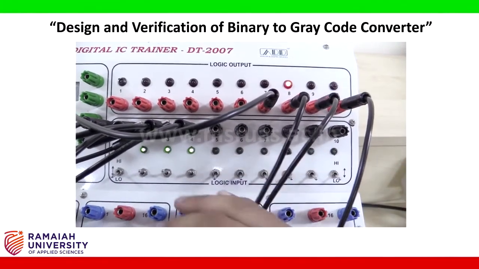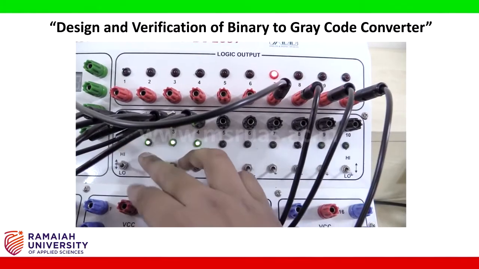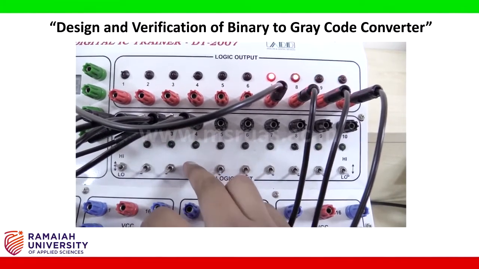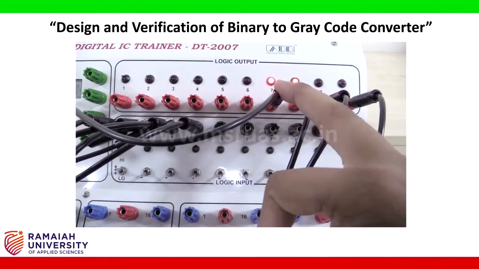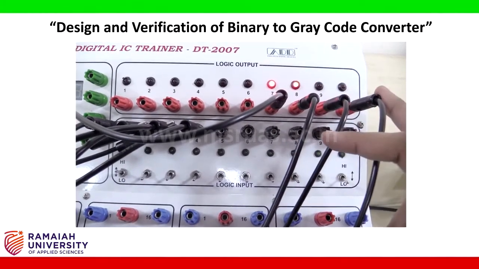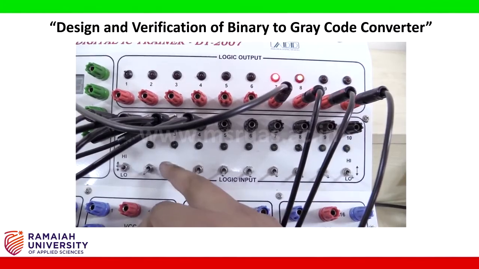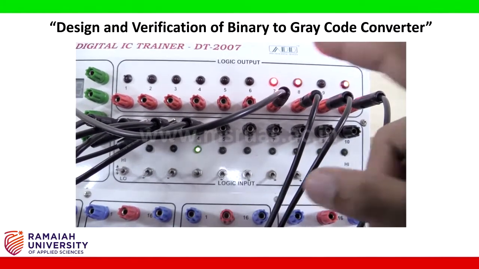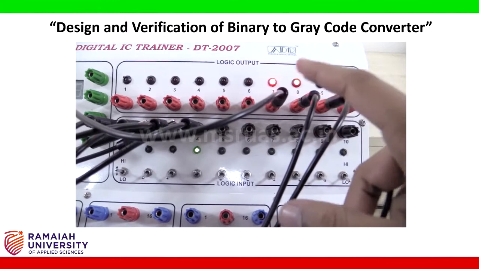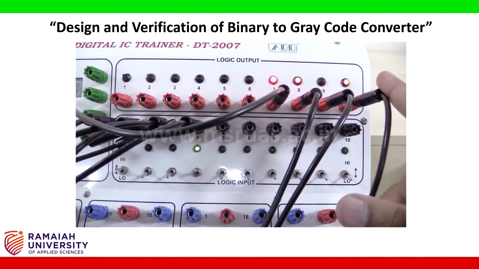The next combination of the input is 1 0 0 0, the output combination is 1 1 0 0. For the next input combination, 1 0 0 1, you can see the output here is 1 1 0 1.